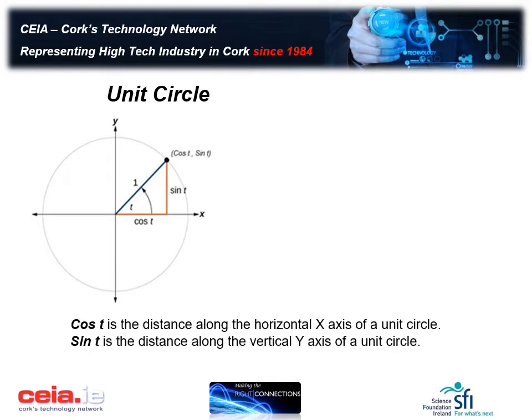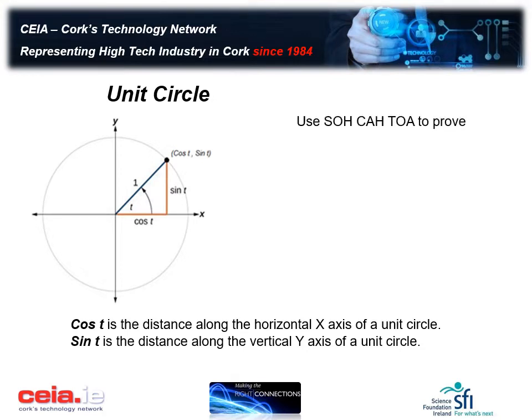And the point about the unit circle is that the horizontal distance made by where this angle strikes the unit circle is actually the cosine of the angle t at the center of the circle, and the vertical distance where this angle strikes the unit circle is equal to the sine of the angle at the center of the circle.